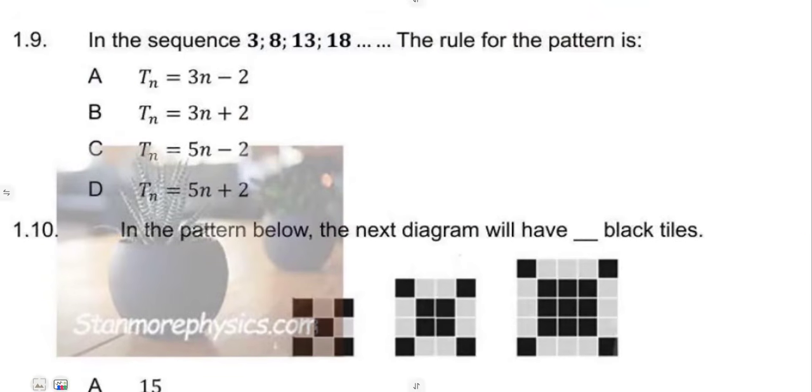And as we can see here, 1.9, in the sequence, the rule for the pattern is, all right, if we check here also, there's a constant difference. 8 minus 3, that's 5. 13 minus 8, that's 5. This one, that's 5. So we've got a constant difference again, meaning we are dealing with a linear sequence or a linear pattern, where the rule is given by Tn is equal to, all right?